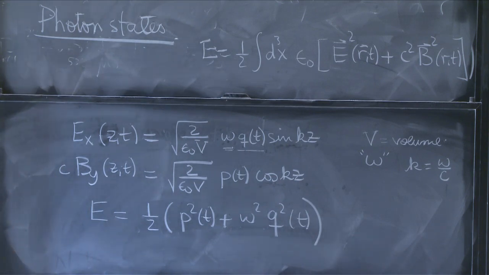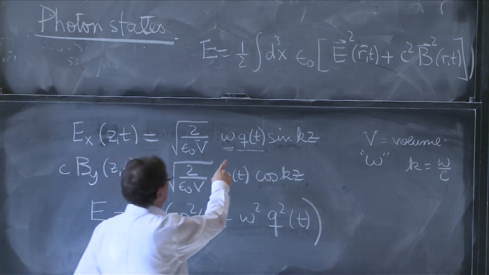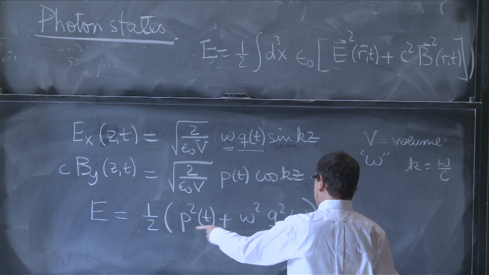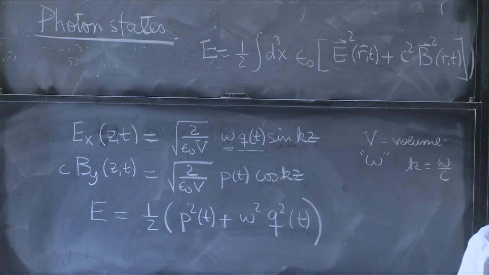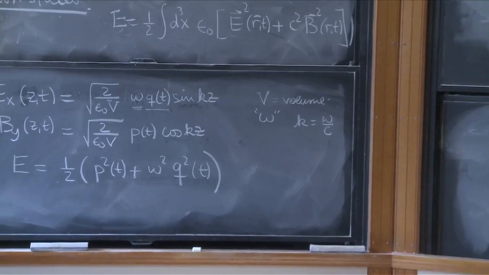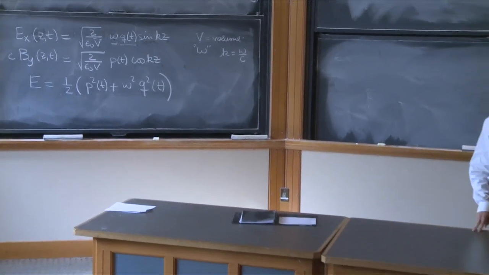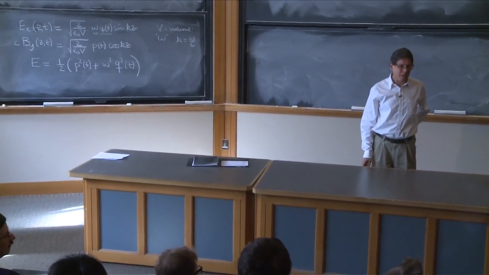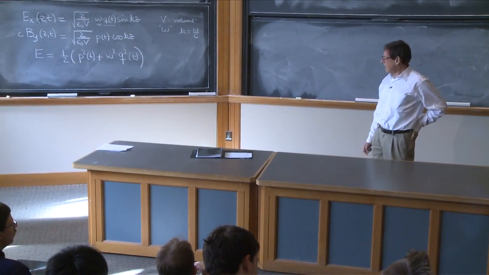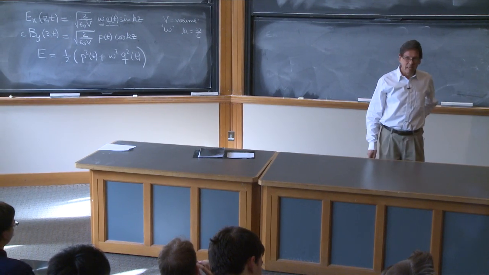So actually, the labels that we've chosen here are pretty good. This starts to look like a harmonic oscillator, except that the mass is gone. 1/2m p squared should be plus 1/2 m omega squared q squared.